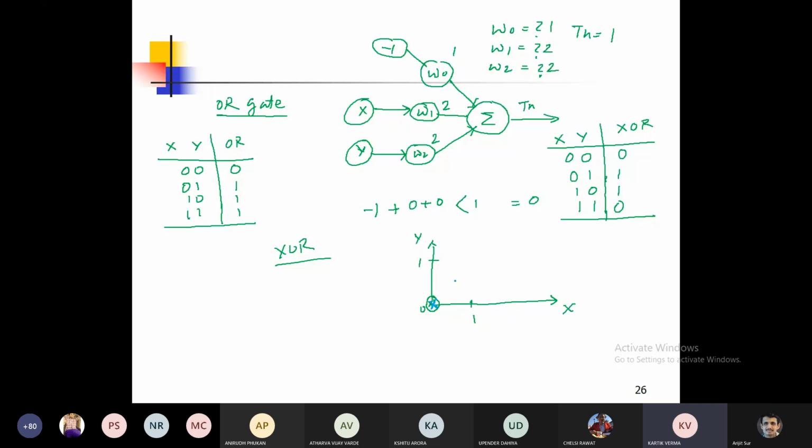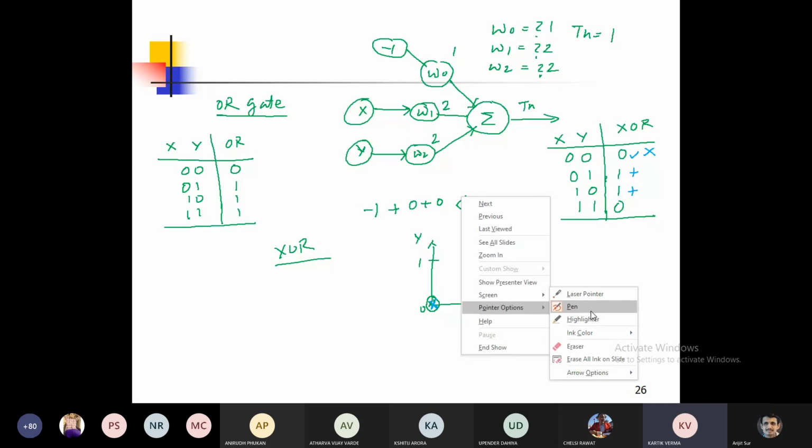Here 0 0, this is 1 0, and 1 1 here. This is also 0 for cross, 1 for plus. Okay, you can change the color.